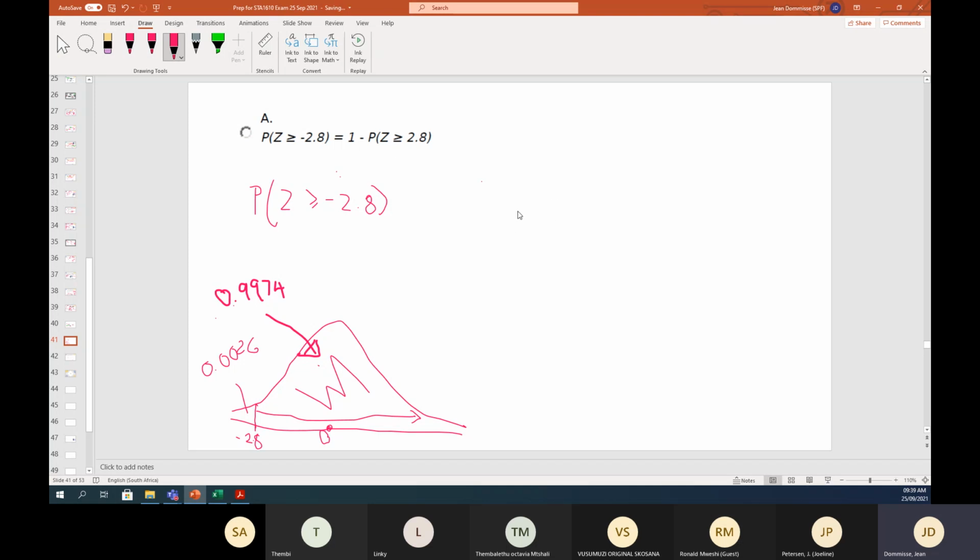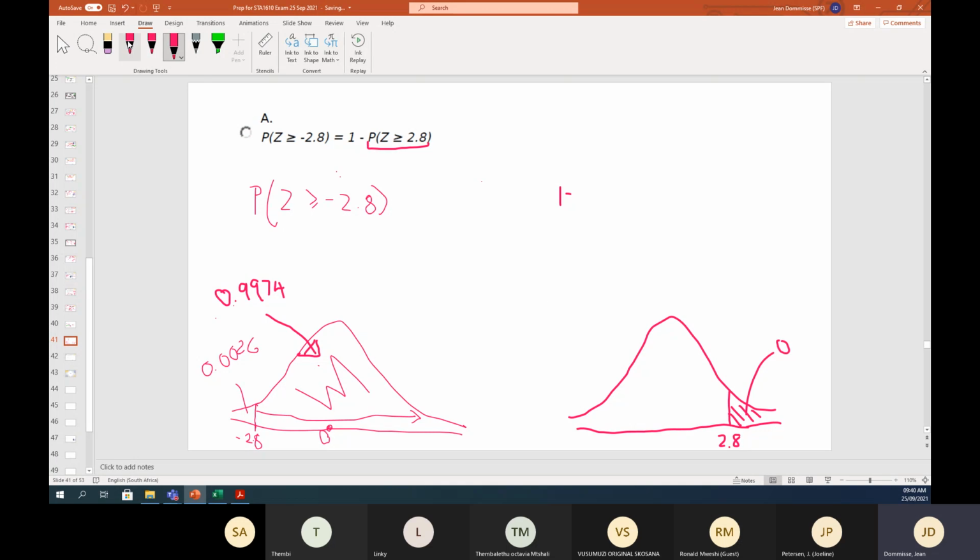Then they ask us on the other side, what is the probability of 1 minus the probability of Z bigger or equal to 2.8? Okay, so this is 2.8.